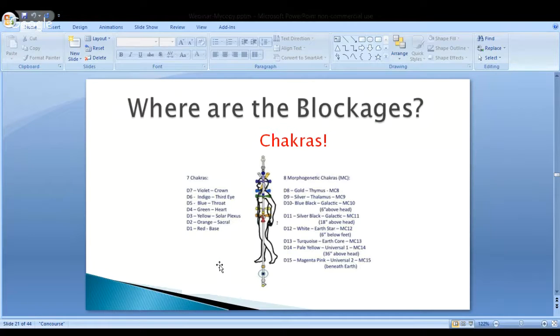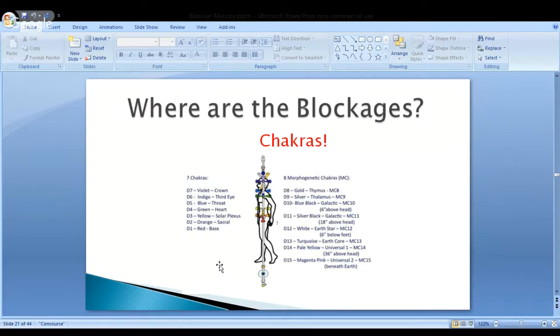Okay then, chakras are energy centers. If you look at this diagram here, there are 7 main chakras, which everyone's familiar with. There's the base, the sacral, the solar plexus, the heart, the throat, the third eye, and the crown, and these form what's called the 7 chakras.